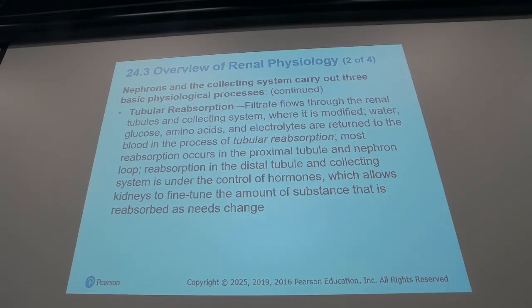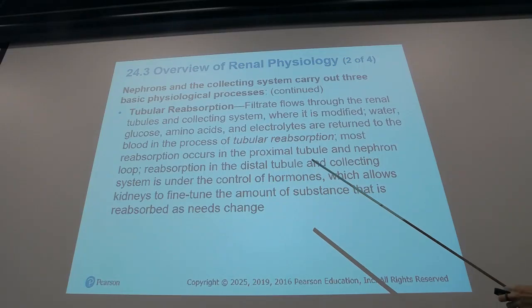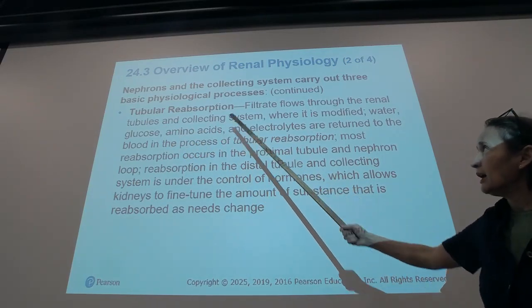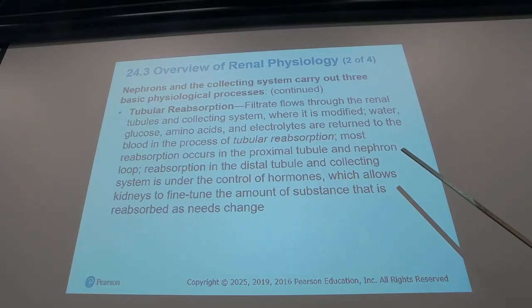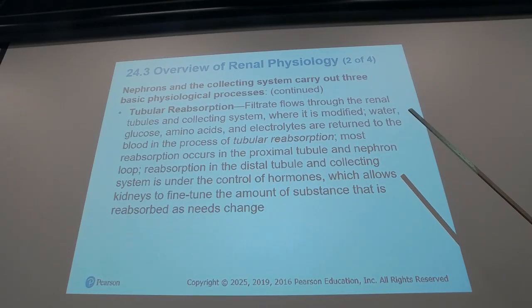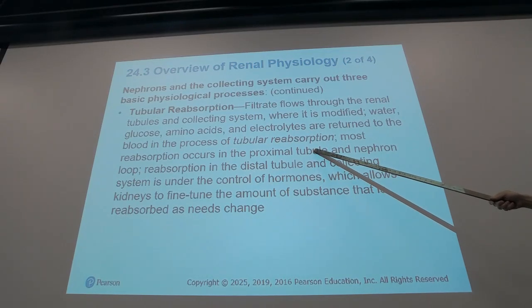The other process that happens to form urine is tubular reabsorption. Once the filtrate moves from the glomerular capsule into the PCT, it is called tubular fluid. In the tubular fluid, you have a lot of the items that were filtered, like glucose, amino acids, electrolytes, vitamins, hormones, etc. All that the body requires back, it will reabsorb mainly in the PCT.